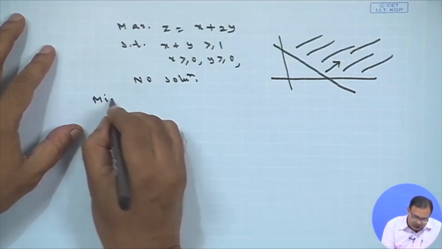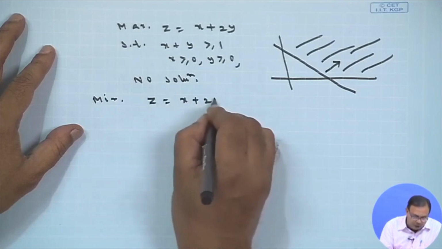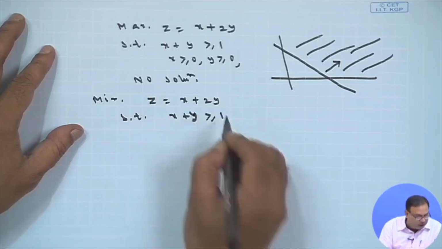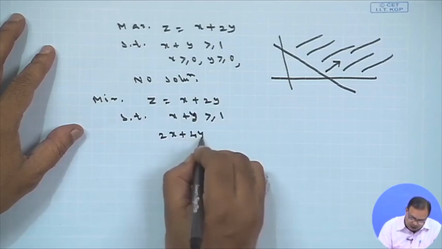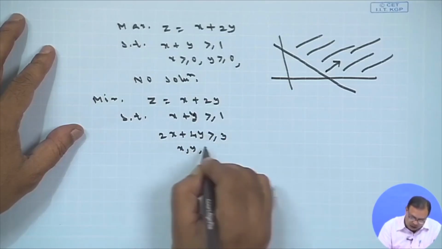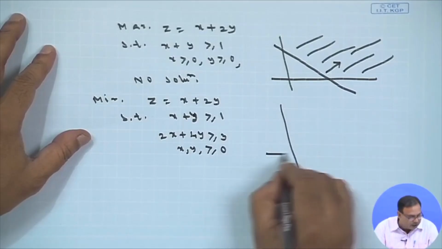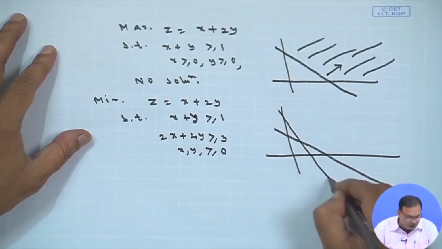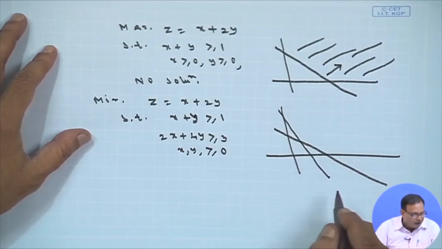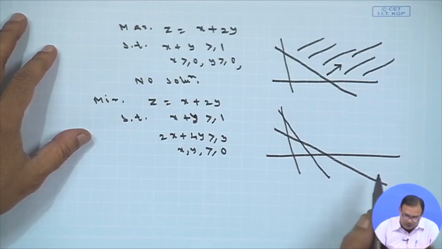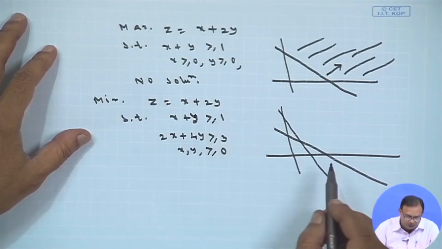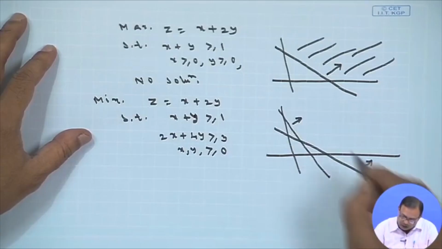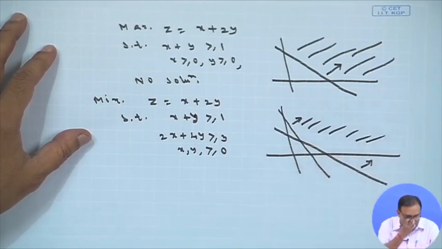Whereas, if you take minimize Z equals x plus 2y, subject to x plus y greater than or equal to 1, 2x plus 4y greater than or equal to 3, x, y greater than or equal to 0. In this case, you will get one line something like this and another line something like this. Here, both are greater than or equal to 1, so the direction of both is like this, and the feasible region comes like this.